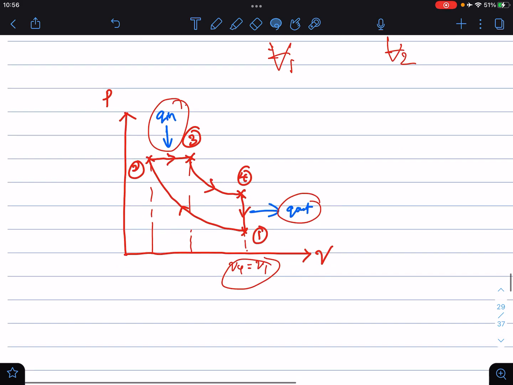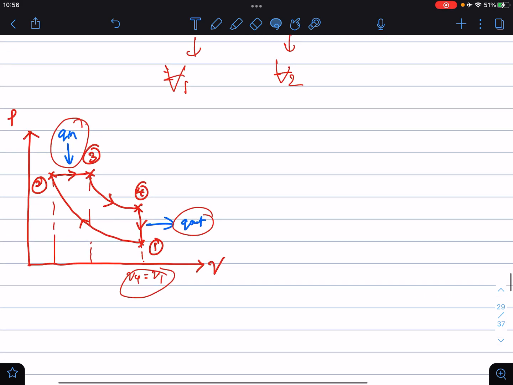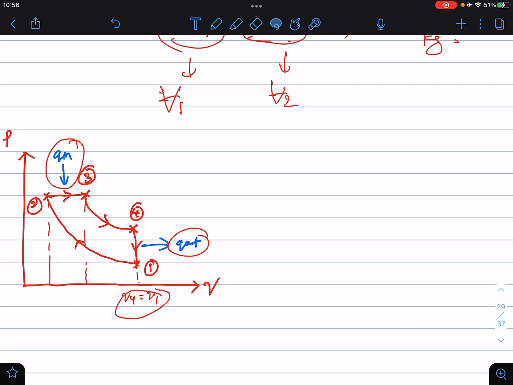So how to find V1 and V2? We just use the ideal gas equation. P1 V1 equal MRT1. Then you just rearrange: V1 equal MRT1 over P1.